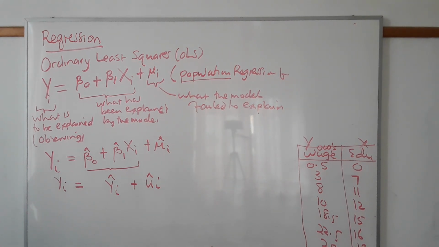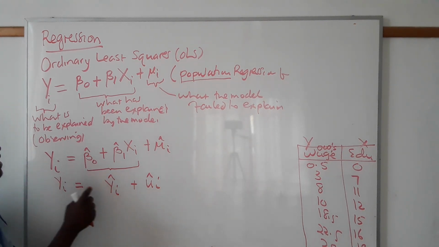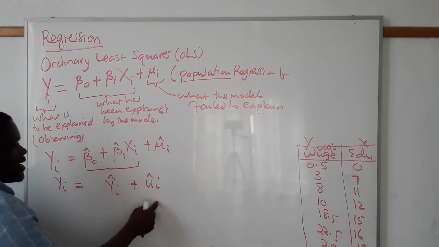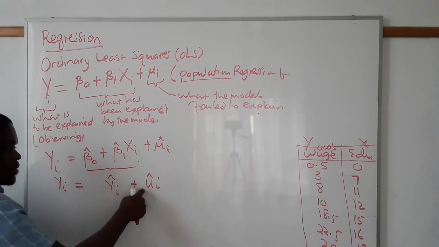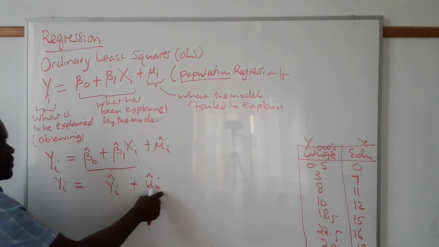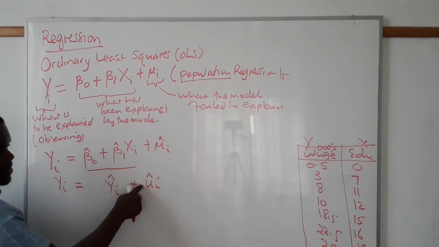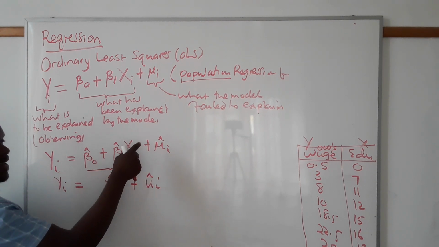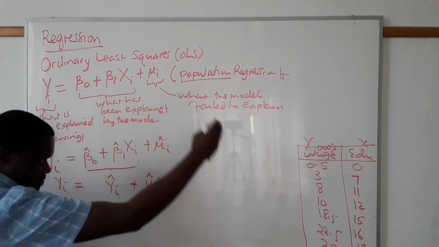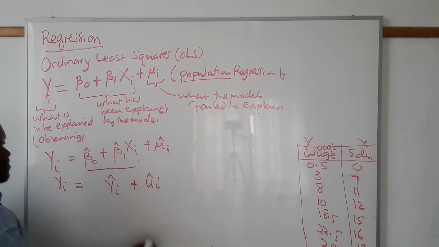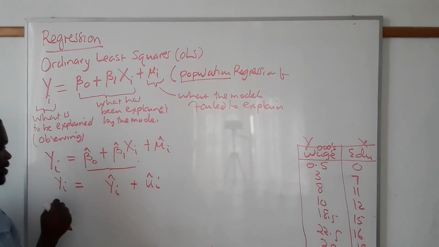Now, the method of ordinary least squares requires that we minimize the squared residual sum of squares, which means we need to square this number and sum it across the 7 observations. The answer we get is called the residual sum of squares.